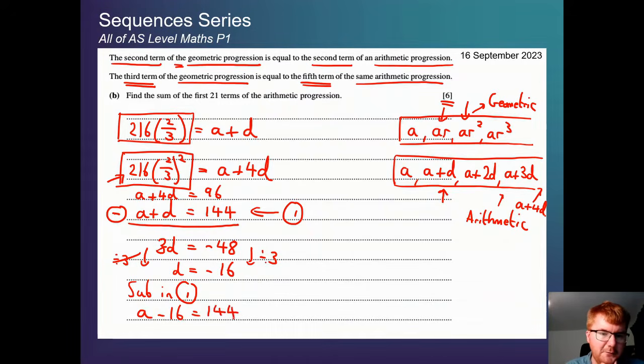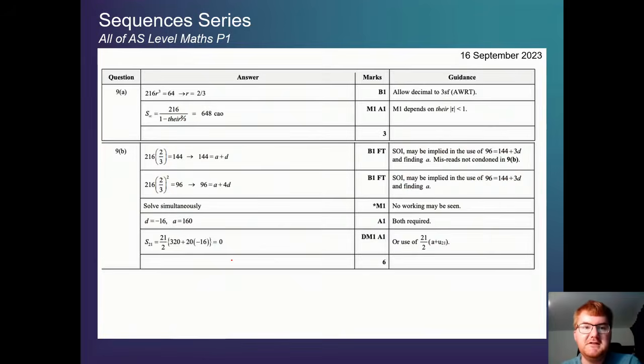This is a very straightforward equation, and therefore adding 16 on both sides we get a is equal to 160. Now you're probably thinking at this point, oh, that's a lot of work to get the 6 marks. But we're not finished yet, so we have the sum of the first 21 terms to find of the arithmetic progression. This is why we spent so much effort working out the first term and the common difference.